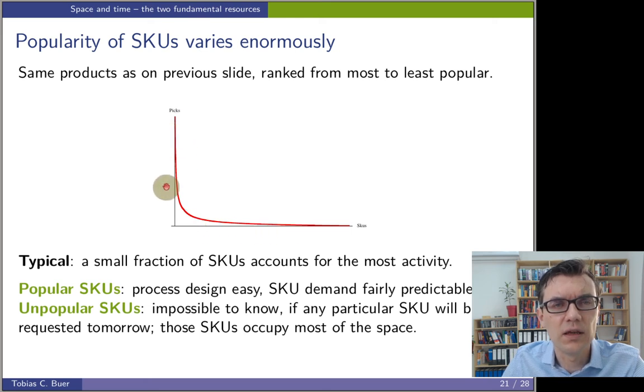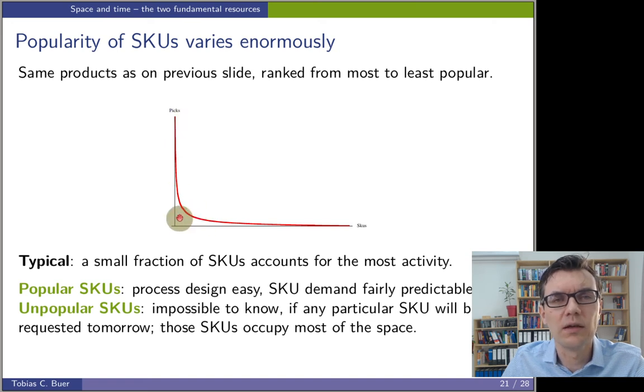You see that a very small portion of the SKUs stored in our warehouse, on this graphic maybe 15% roughly, is responsible for the majority of the picks. This is like the Pareto rule or 80-20 rule. 20% of the items are responsible for 80% of the work.